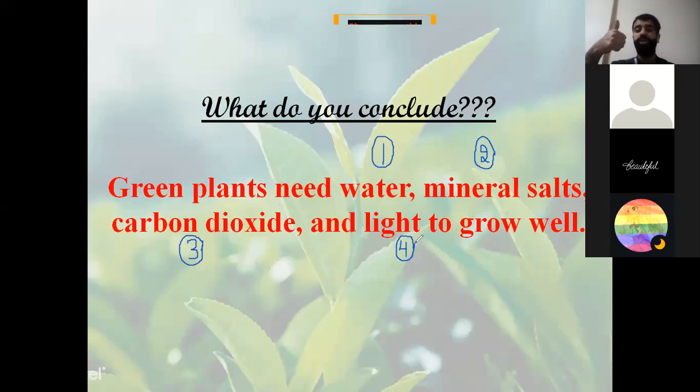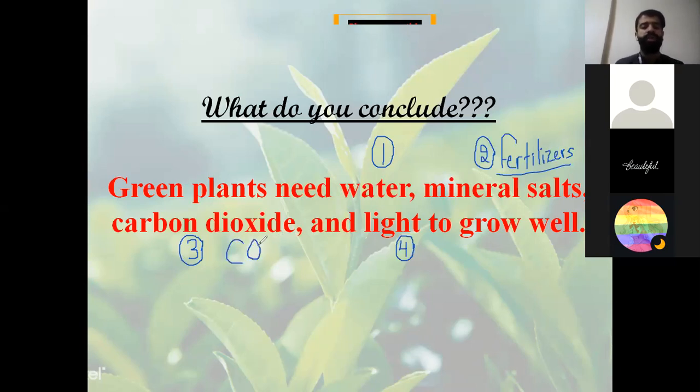So they need water, they need mineral salts, and whenever I mention the word fertilizer, I'm talking about mineral salts. Then we have carbon dioxide, CO2, and finally we have light in order to grow well.